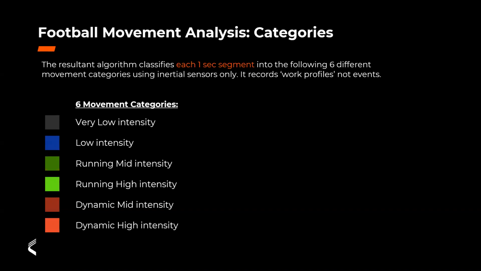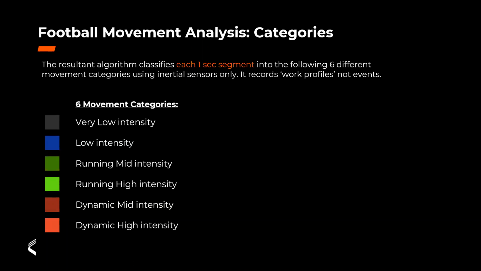It could be that they stay in the category for a period of time, and so we'll create a kind of cluster of activity, but we're not going beyond this. This is so that we can have conversations with coaches and with players that are meaningful to them.